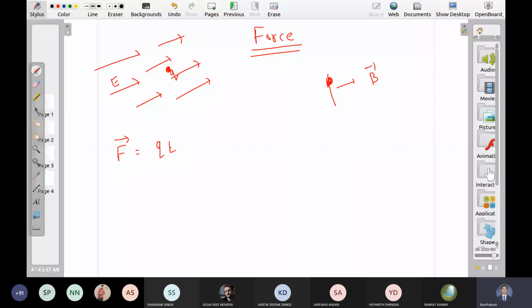Same thing happens here also. You studied all this first in class 12. If we have some field B, now current means moving charges. The magnetic field has no effect on static charges. If a charge is moving with velocity v, what is the force? Anyone?